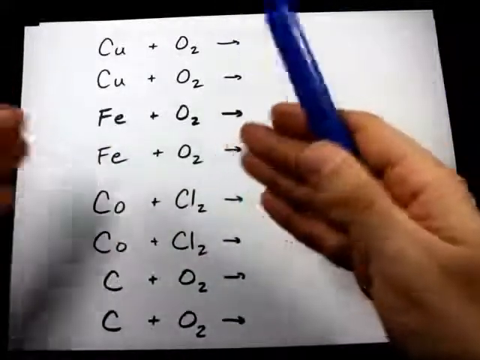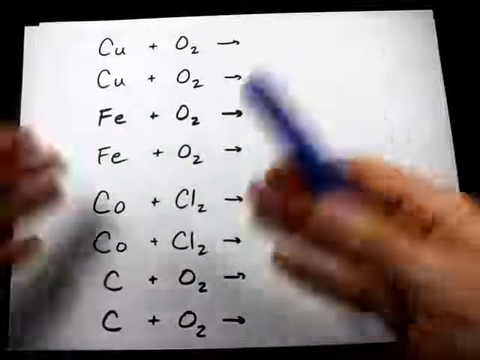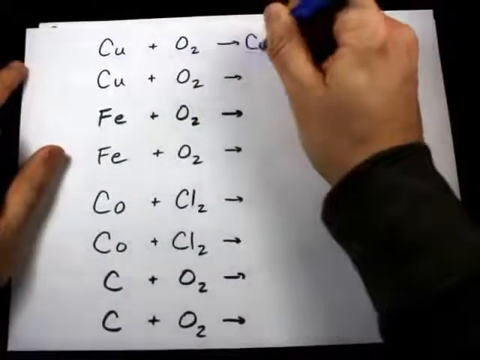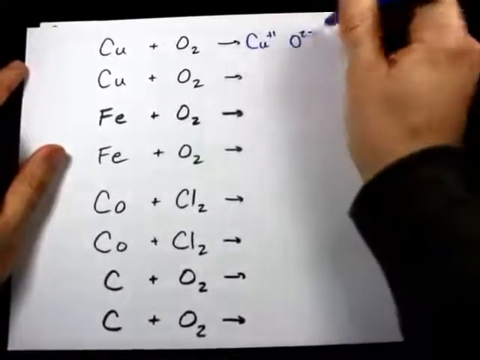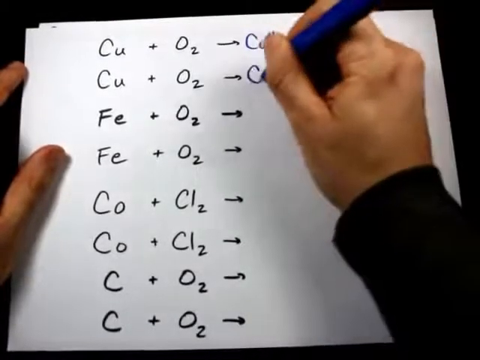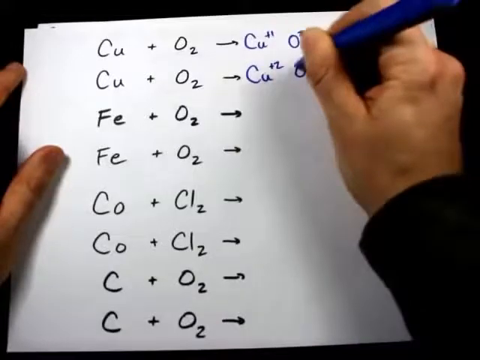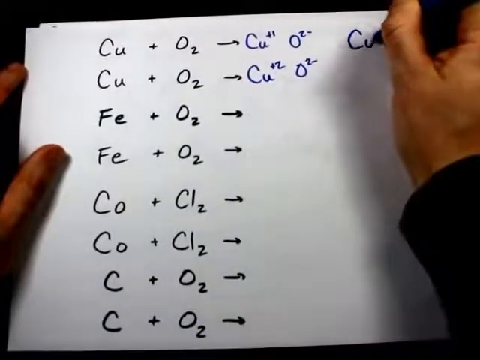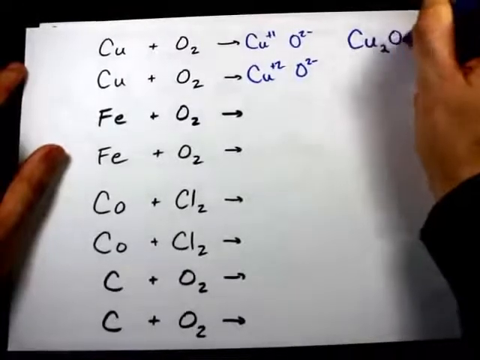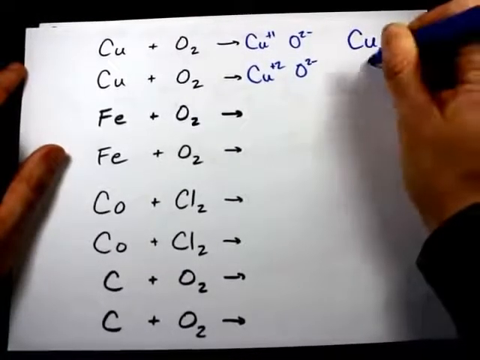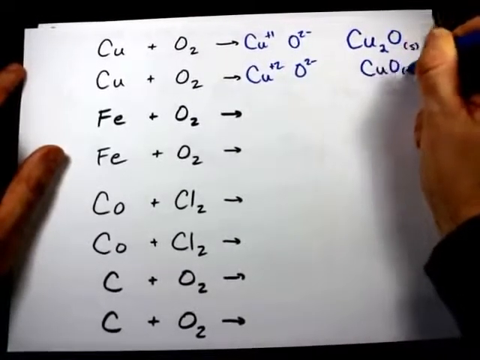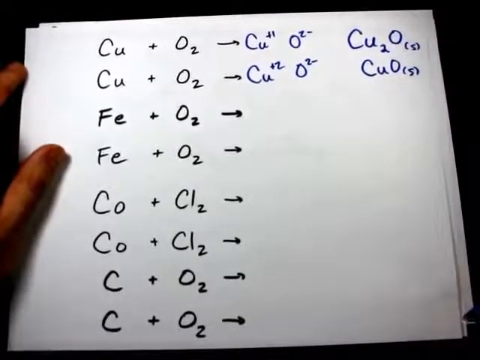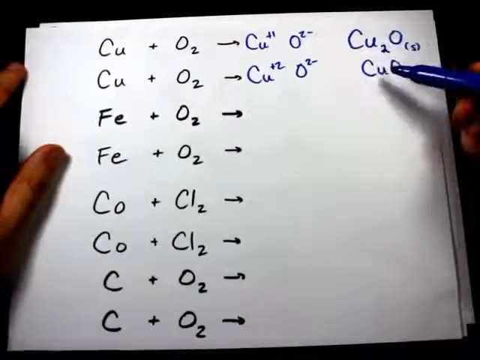Some teachers will say always use the +2 charge or whatever. Anyways, copper can be +1. Oxygen's always -2. Copper can also be +2. And oxygen -2. When you crisscross these, it gives you 2 possible answers. One is Cu2O, and one is CuO, both solids because they're both metal-nonmetal ionic compounds. Both of these are acceptable.